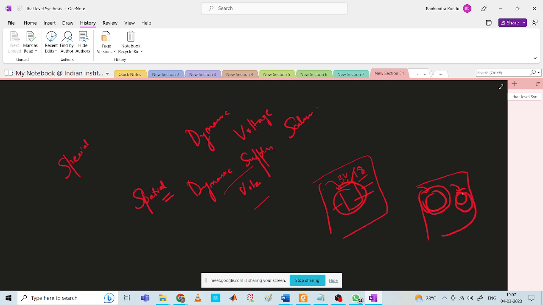But here you do not need that kind of metal layers to generate the power. So that is called spatial and dynamic. This is a very popular term which is used in ASIC. But can you tell me, is this the one you are looking for?